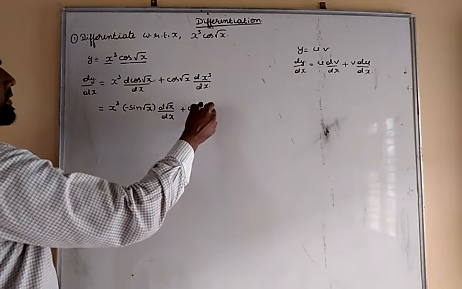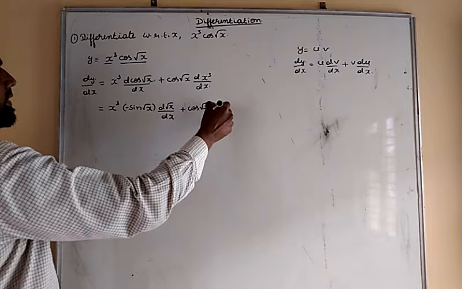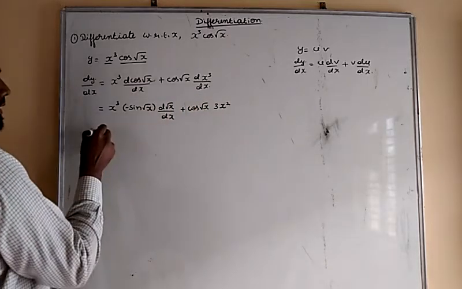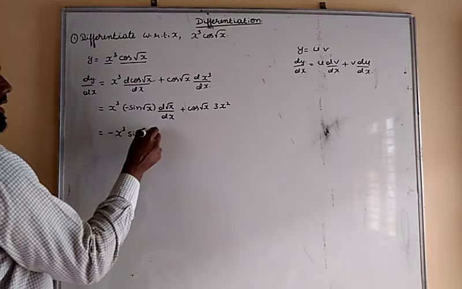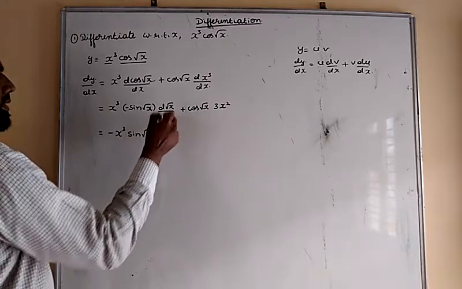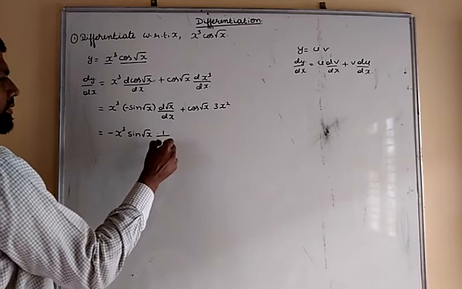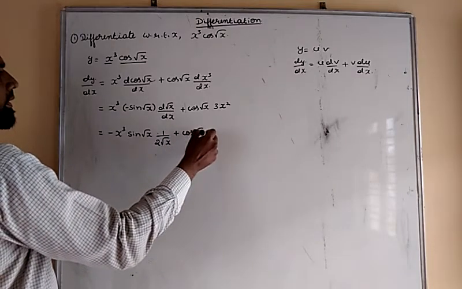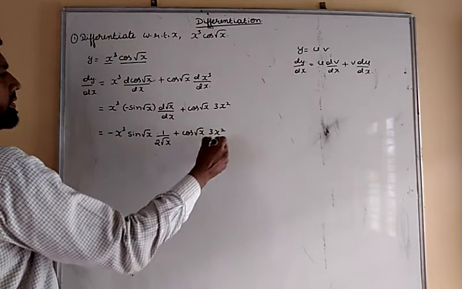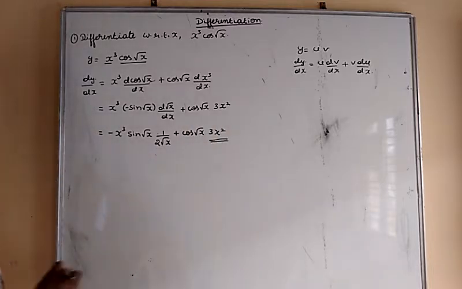Plus cos root x, then x cube differentiation is 3x square. Then minus x cube sine root x, differentiation of root x is 1 by 2 root x. Then plus cos root x 3x square. So this is the answer.